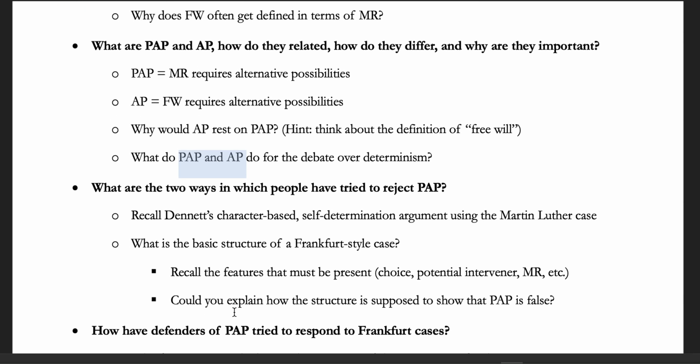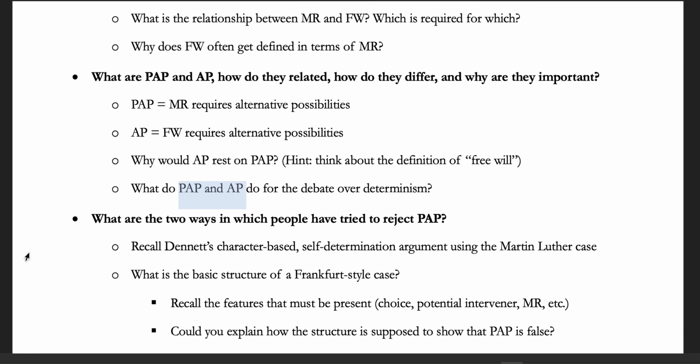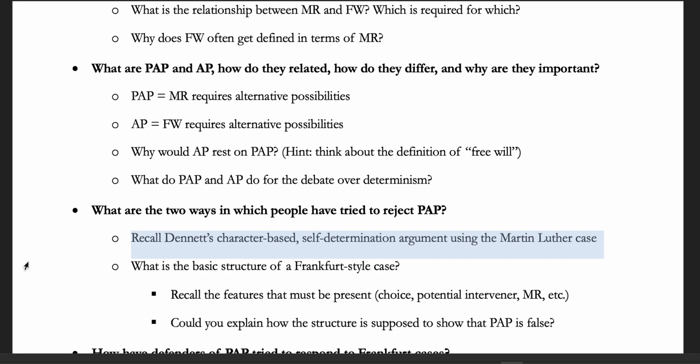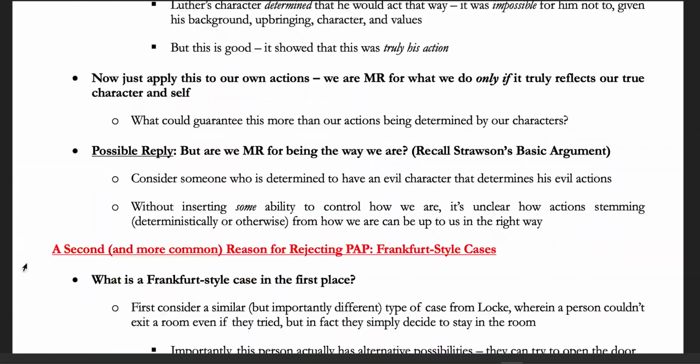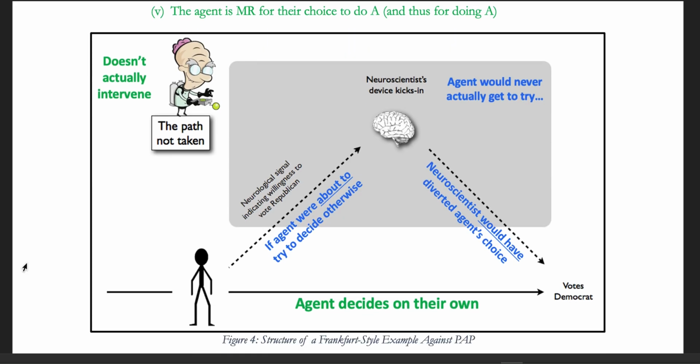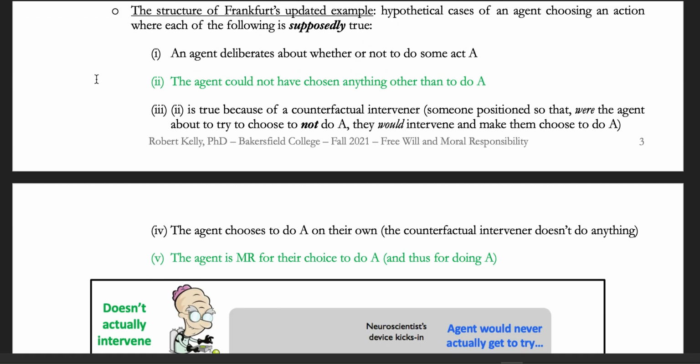All right. What are the two ways in which people have tried to reject PAP? Well, there's the character-based one, right? Don't we just want our characters to determine what we do? Because then that means our actions are truly our own, right? And then think about the response to that. And then make sure you understand the basic structure of the Frankfurt case, okay? This picture, but these things need to be true.